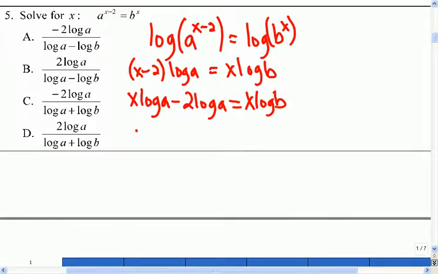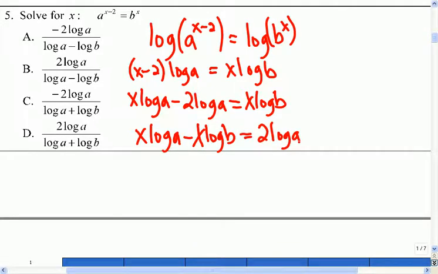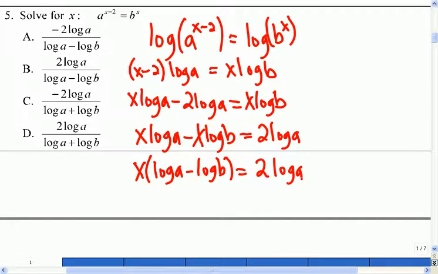And if I take my x's all on the same side, now I can factor them out. So x log A minus log B is 2 log A, and x equals, frozen, just a second.